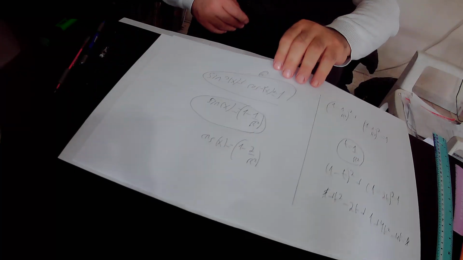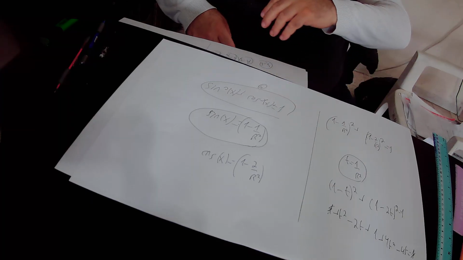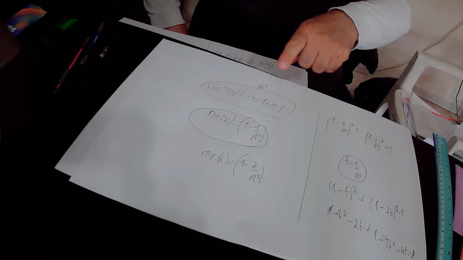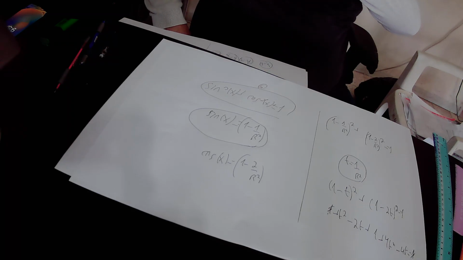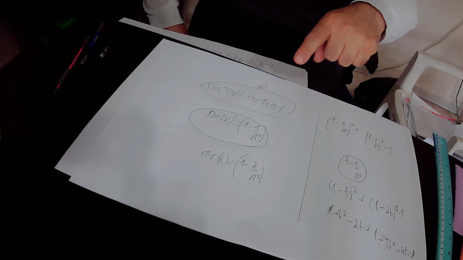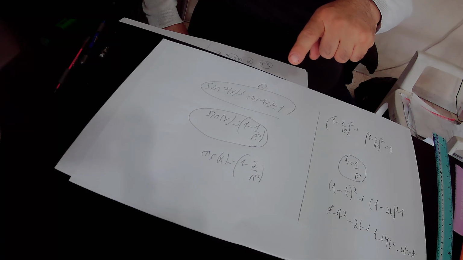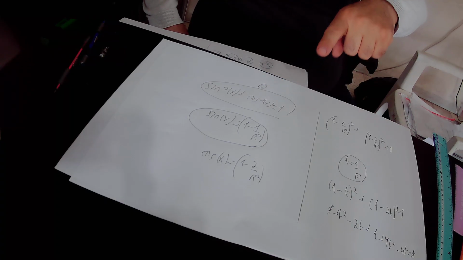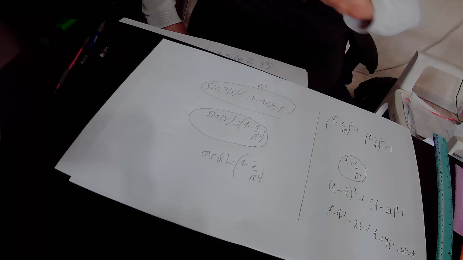In the next step, I presented to you the trigonometric identity that says sine squared x plus cosine squared x equals 1. And we already found that sine x equals 1 minus 1 over r squared, and cosine x equals 1 minus 2 over r squared.